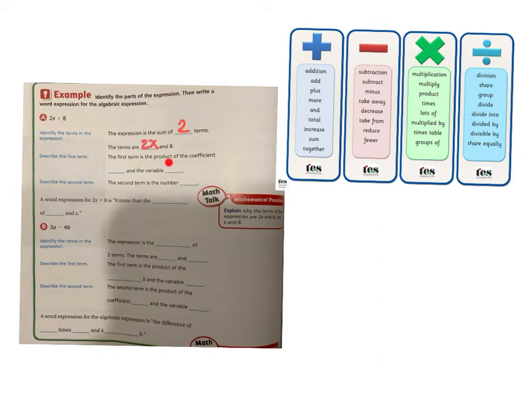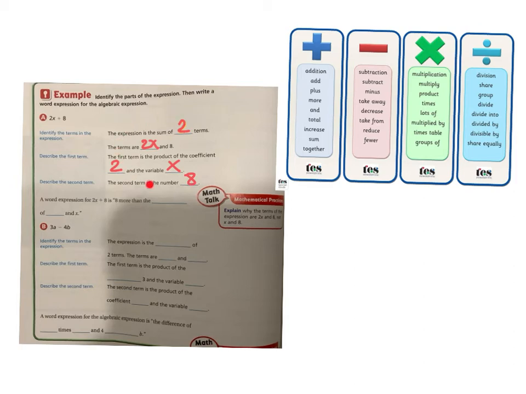The first term is the product. Remember, that's 2 times x, product, right? The first term is the product of the coefficient 2 and the variable x. The second term is the number 8.